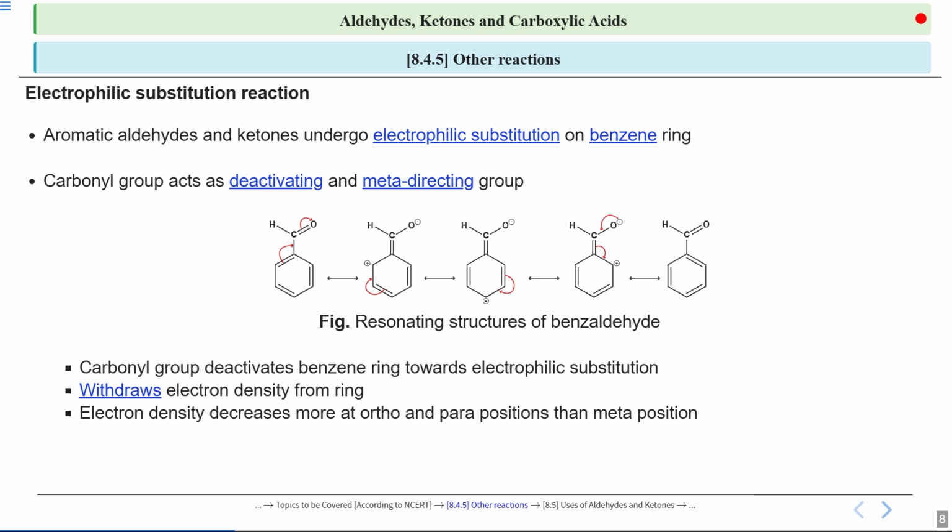As I told you, if you look at the resonating structures, you have a positive charge more in the ortho and para positions. This means that the ortho and para positions are less favorable for electrophilic attack compared to the meta position. So if any electrophile comes to attack this benzene ring, it preferably attacks the meta position.